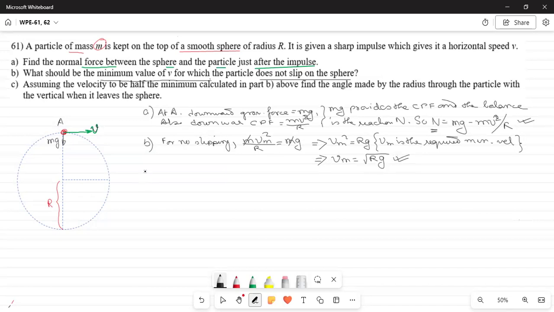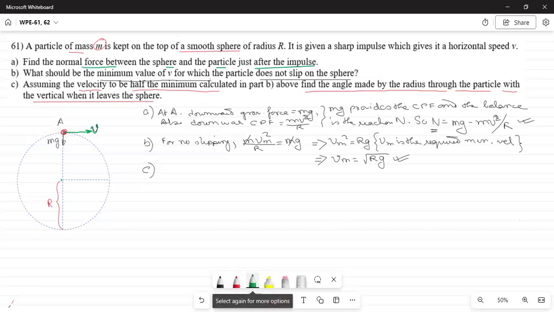Now there is a third part. It says to consider the initial velocity v here to be half of this minimum velocity. Then find the angle made by the radius through the particle with the vertical when it leaves the sphere. This part C is the same as what we have done earlier.